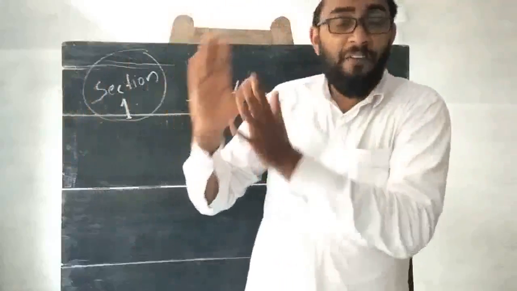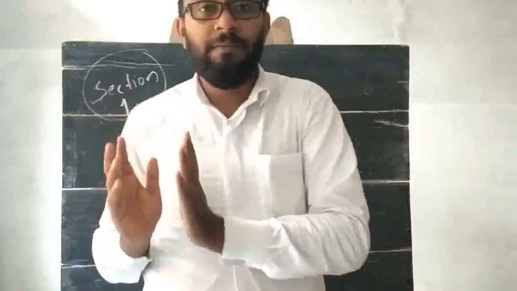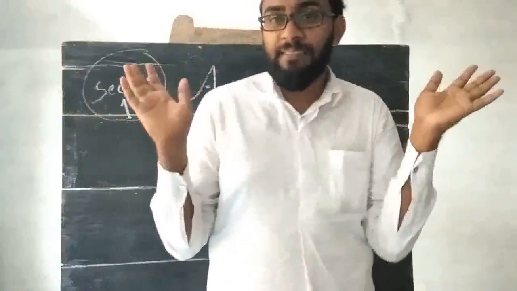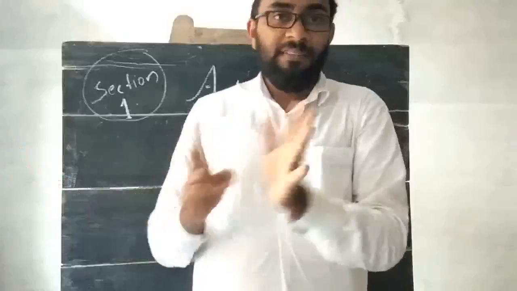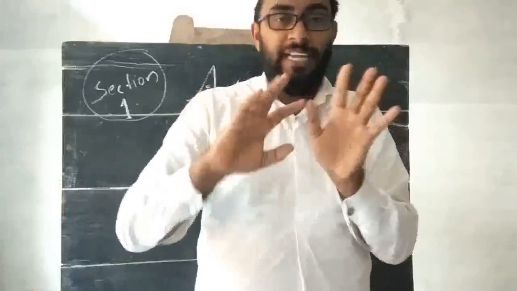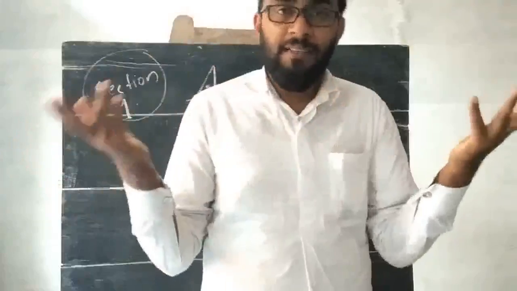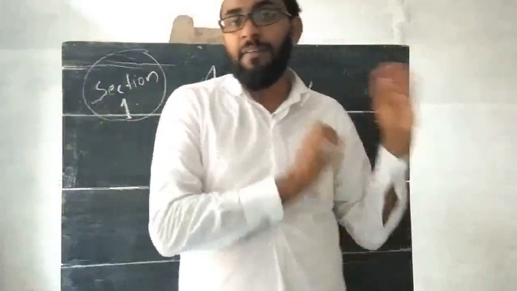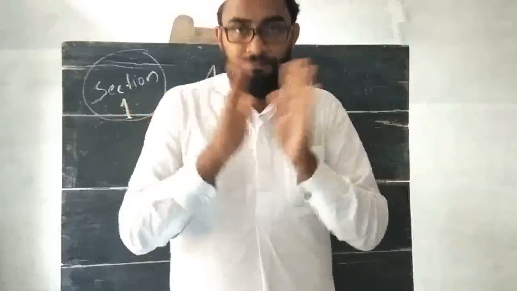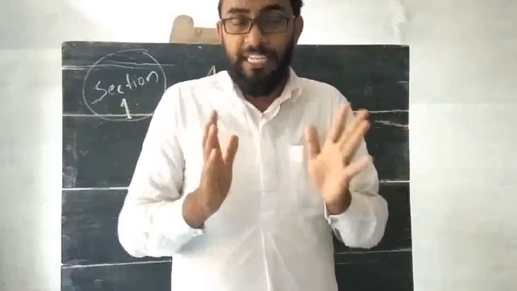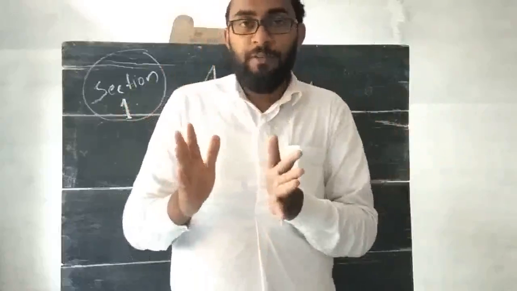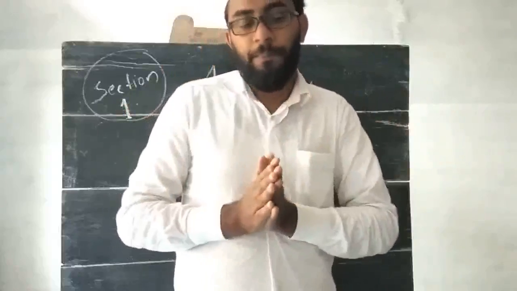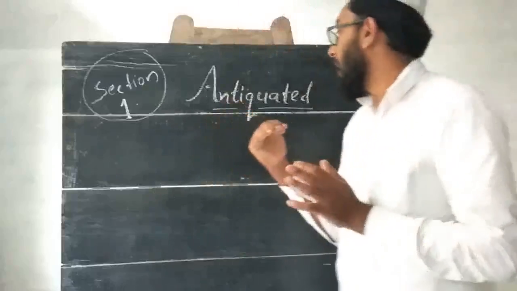Each and everything has merits and demerits. A coin has two sides, merits and demerits. That will be there whichever way. But something has possibilities, something is positive, isn't it? Okay, this is the chapter Antiquated.